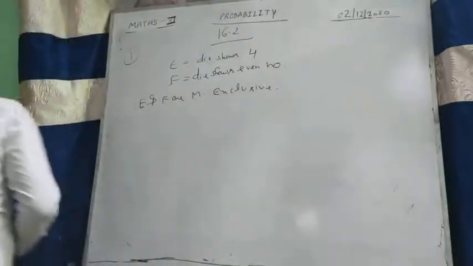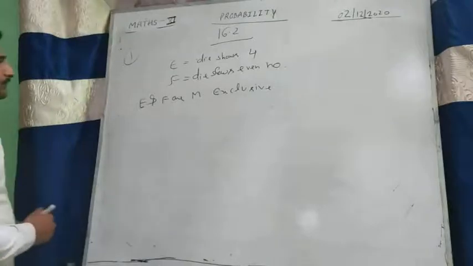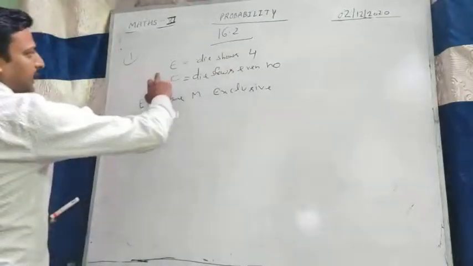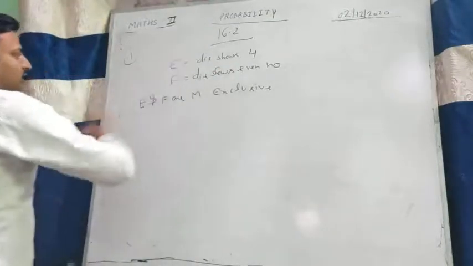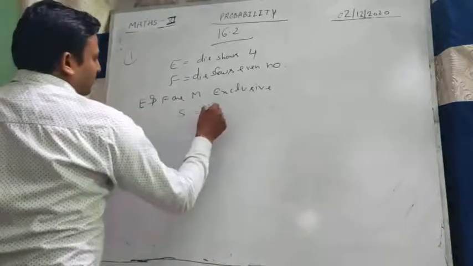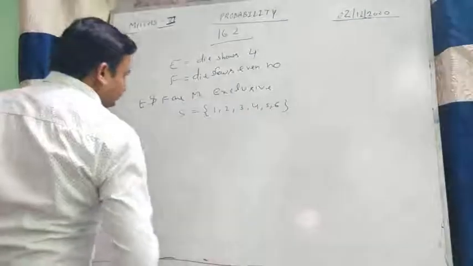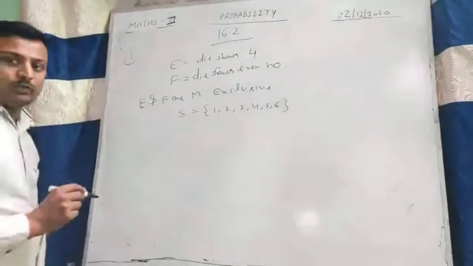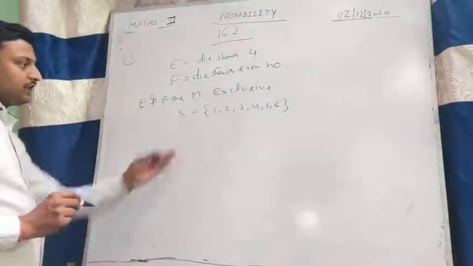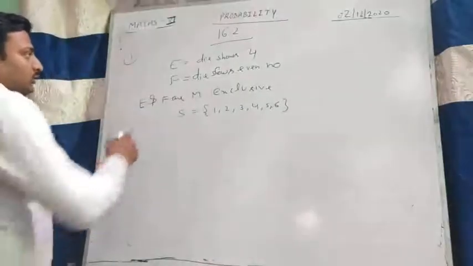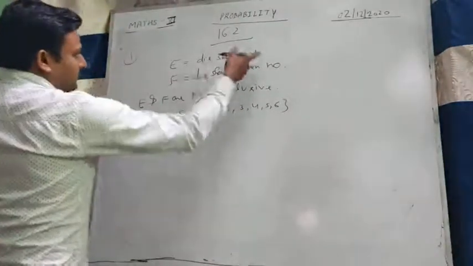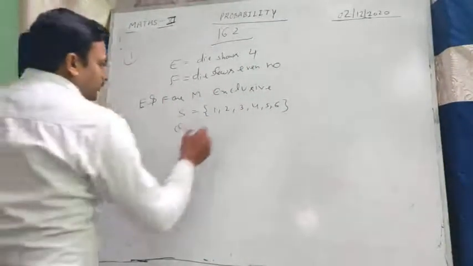So our question is, a die is rolled, and the possible outcomes are 6 outcomes. Event E says that the die shows 4.